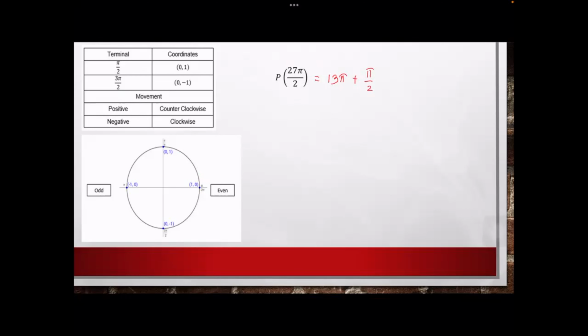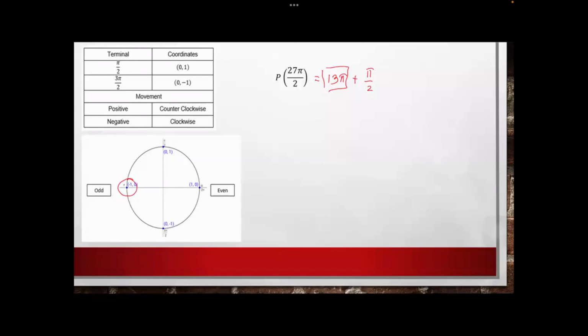Again, 0.5 is equal to pi over 2. Now, what is 13? Is this even or this is odd? Odd po. Okay, so this is odd. So, mapupunta siya dito. That is the starting point.